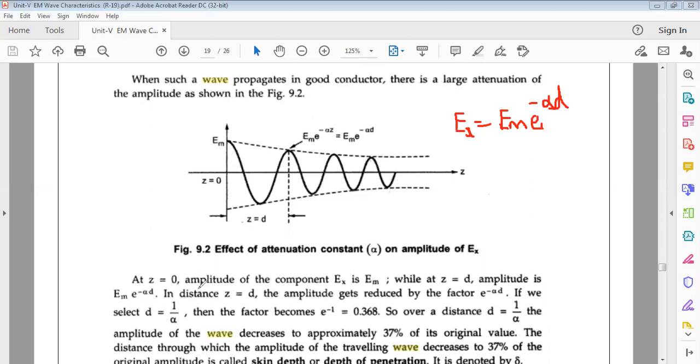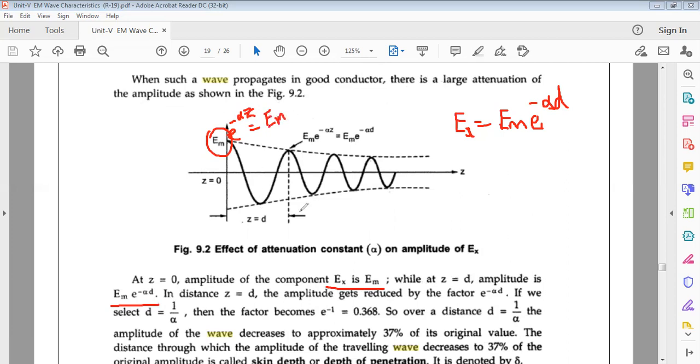At z is equal to 0, the amplitude of the component Ex is Em. Let us see here, Em. While at z is equal to t, the amplitude is Em into e power minus alpha into t. Actually it is Em into e power minus alpha into z only, but z is equal to 0 means e power 0 is 1, then it becomes Em.